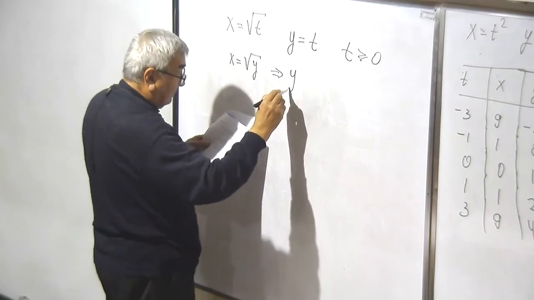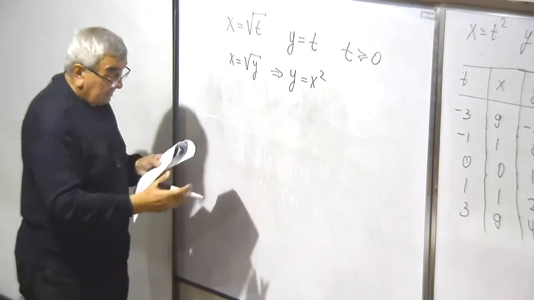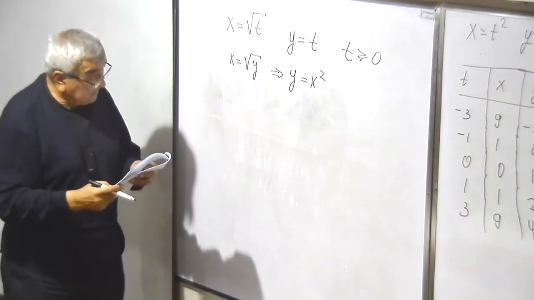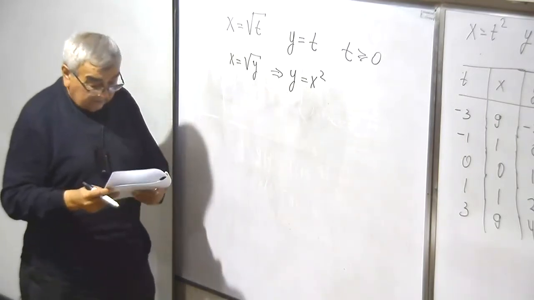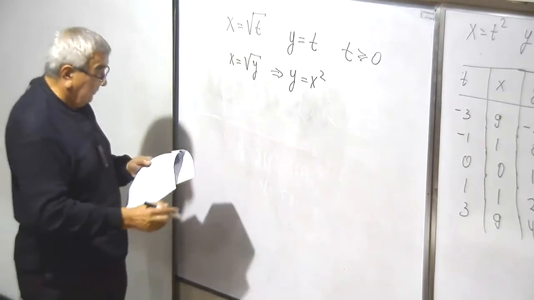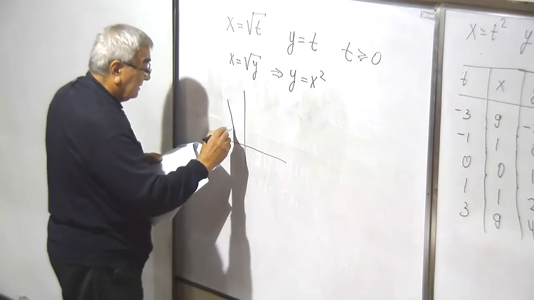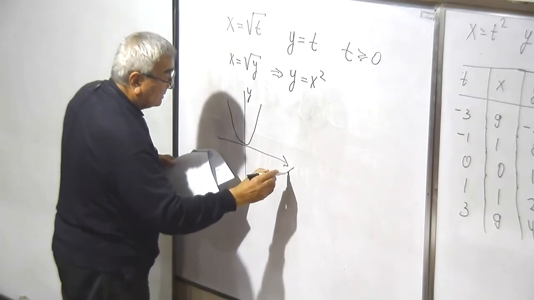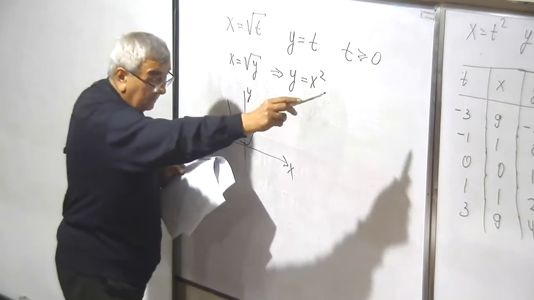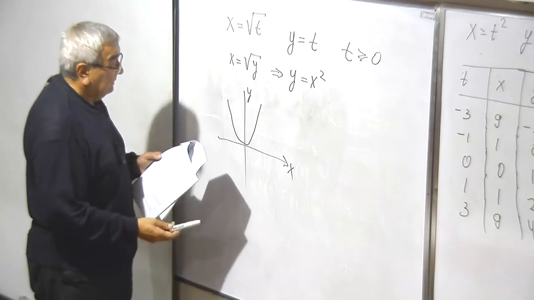That means y will be x squared. That means the trace is defined by this equation. That means it should be a parabola. If you would like to plot this parabola, it will be like this. Here is y, here is x. In the other case, it will be a parabola with respect to the axis.